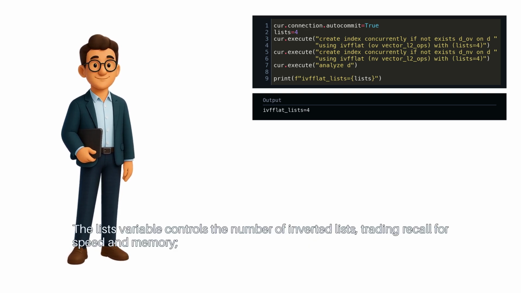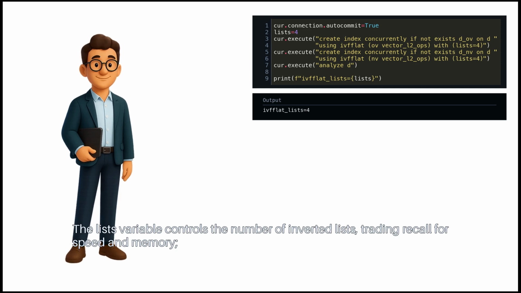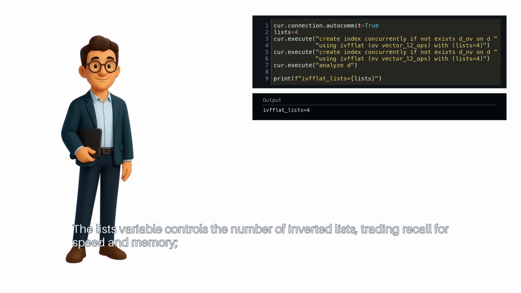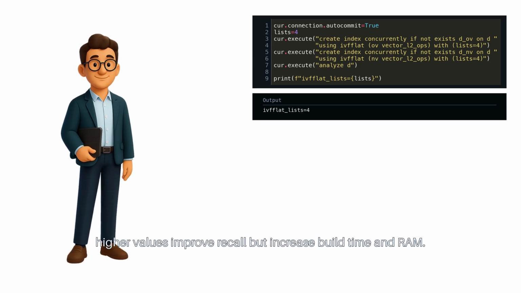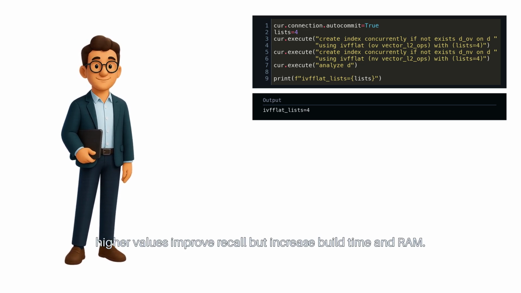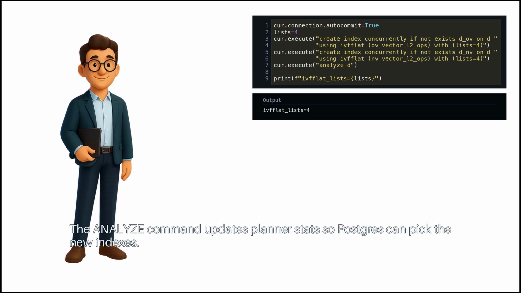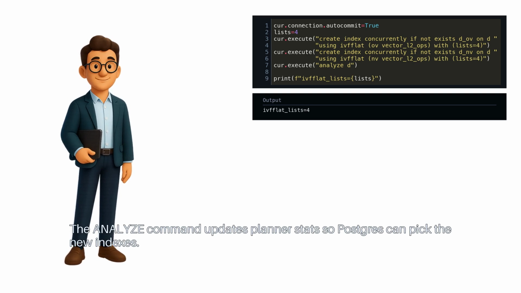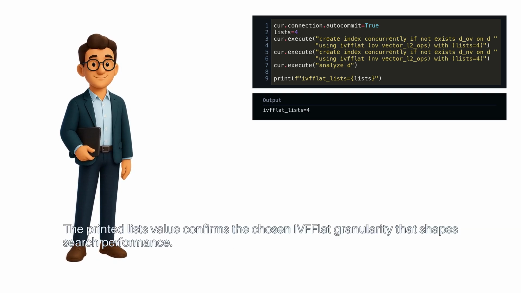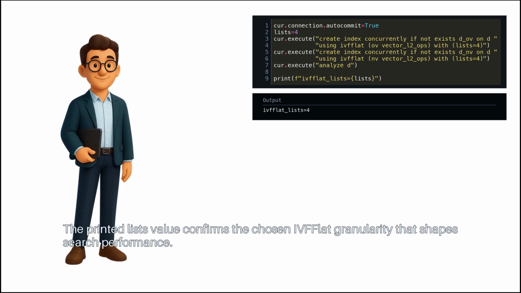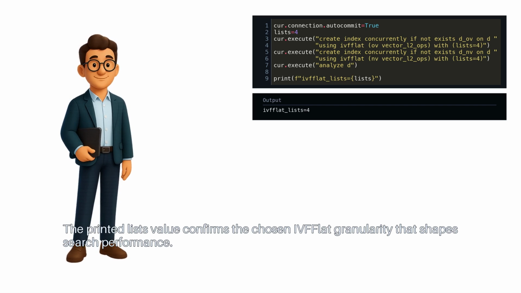The lists variable controls the number of inverted lists, trading recall for speed and memory. Higher values improve recall but increase build time and RAM. The analyze command updates planner stats so Postgres can pick the new indexes. The printed lists value confirms the chosen IVFFlat granularity that shapes search performance.